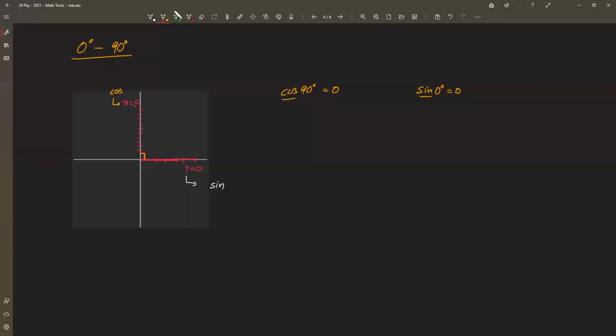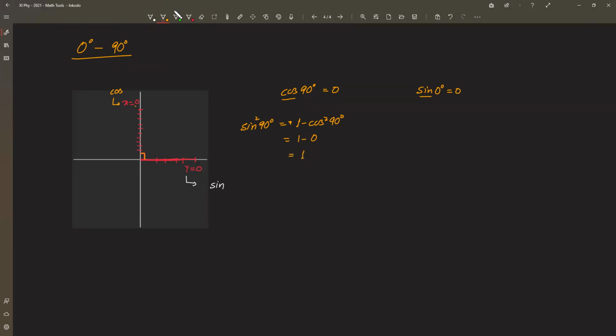Now suppose you have to find sine 90 degree. What do you know about sine and cos? Sine square theta plus cos square theta is 1. So that means sine square 90 degree is equal to 1 minus cos square 90 degree. That means it is 1 minus 0.